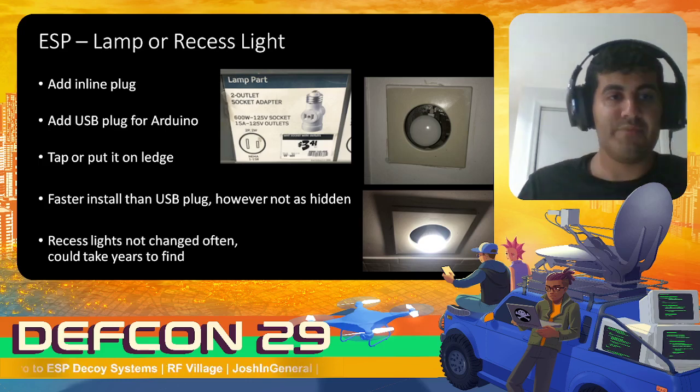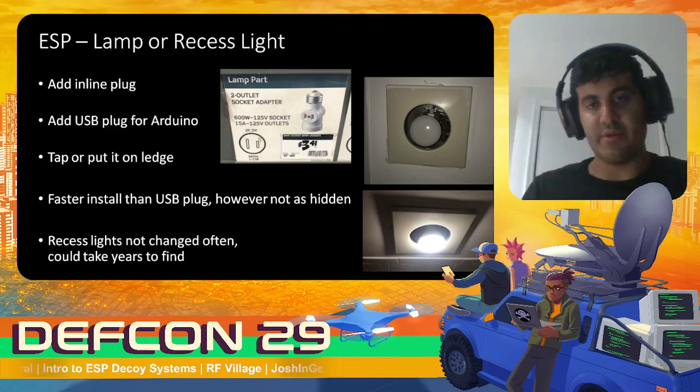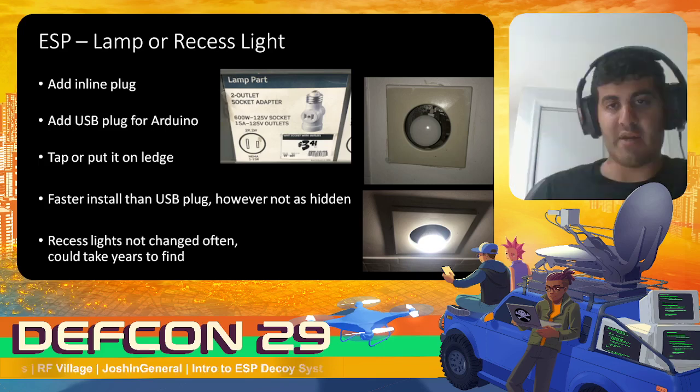So what we did is we got basically plug adapters for lights that go in the ceiling. So if you have a light bulb that goes in the ceiling, you can plug it in and screw it into this, and then you'll be able to plug the power block into that, and then that will charge the Arduino. So you can see here, the light sticks out a little bit, so there might be some modifications in the future that we want to do.